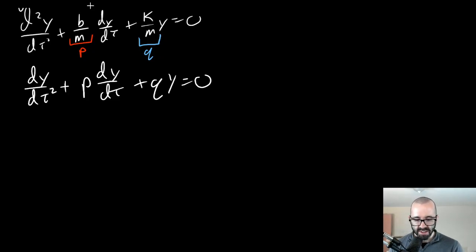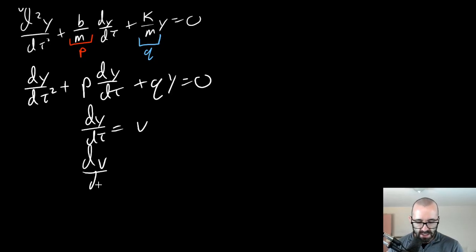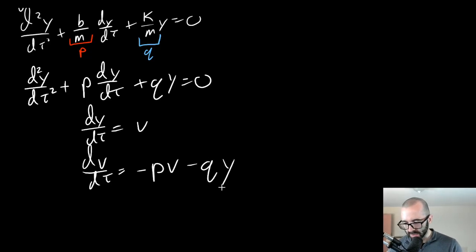We could also write this as a system if we wanted to. dy/dt is just the velocity. And dv/dt, what's dv/dt going to be? It's this. Oops, that should have a second derivative. Subtract all that stuff over and you'll get it. dv/dt is going to be negative p times dy/dt, which is v, minus q times y.